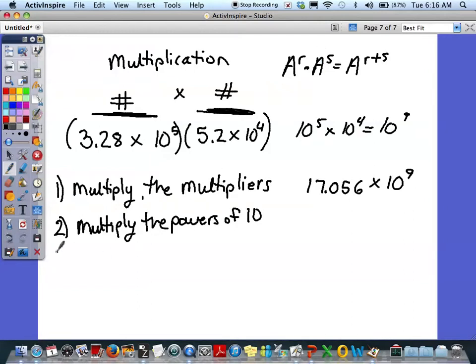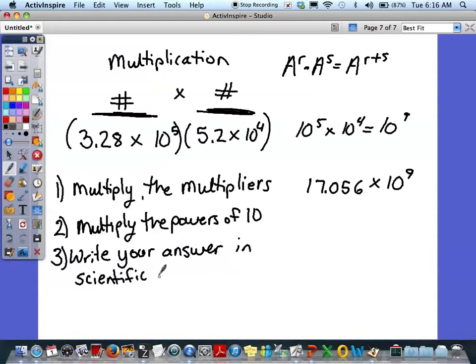Might want to write that down. Then write your answer in scientific notation. It's that easy. You multiply the multipliers, that's 3.28 times 5.2, which is how I got this number here. Then you add the exponents of the powers of 10.